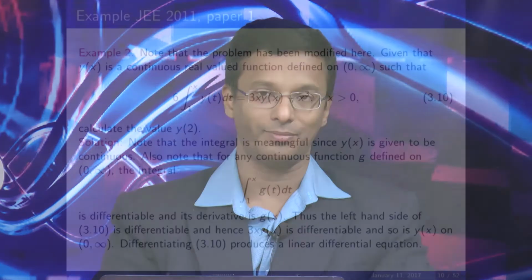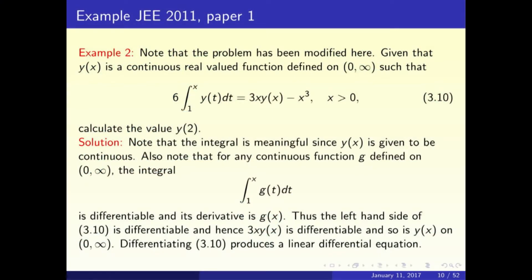So the left hand side of 3.10 is the integral of a continuous function from 1 to x. So the left hand side of 3.10 is automatically a differentiable function. Therefore the right hand side is also differentiable.